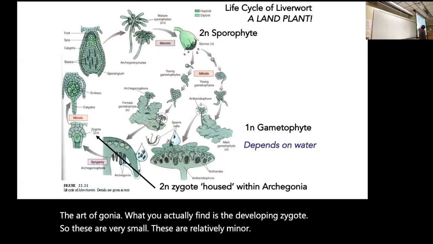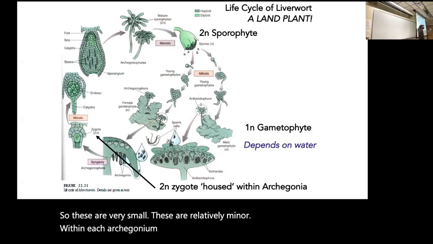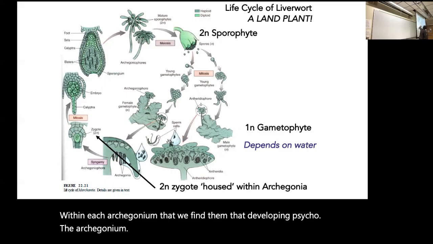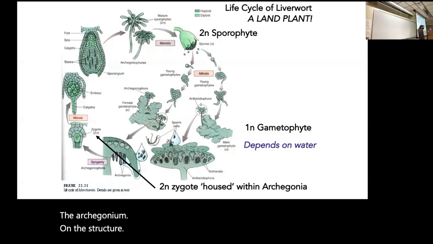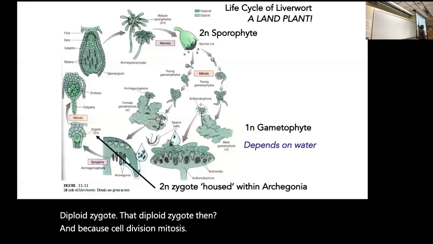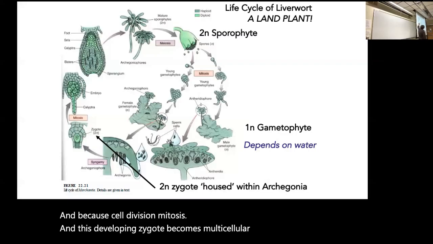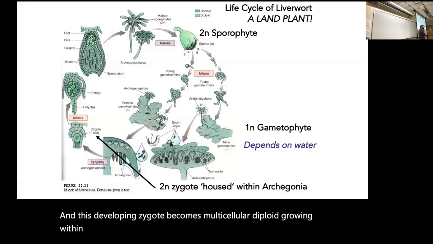Within each archegonium, we find then the developing zygote. The archegonium on the structure is haploid. But as soon as we get fertilization, we get a diploid zygote. That diploid zygote then undergoes cell division, mitosis, and this developing zygote becomes multicellular, diploid, growing within this haploid structure.